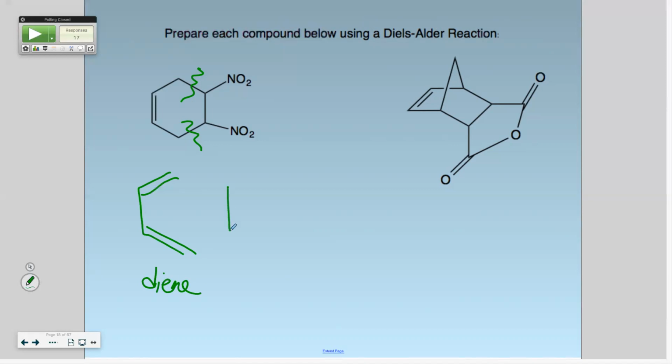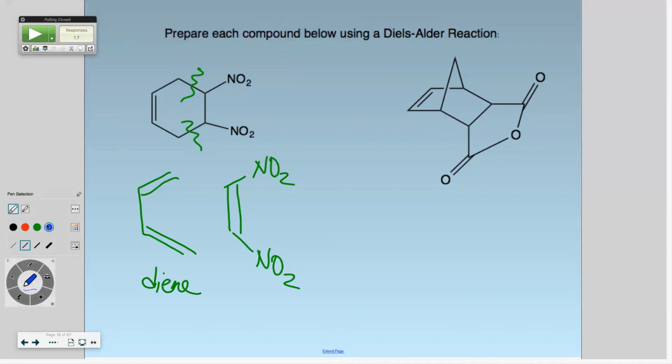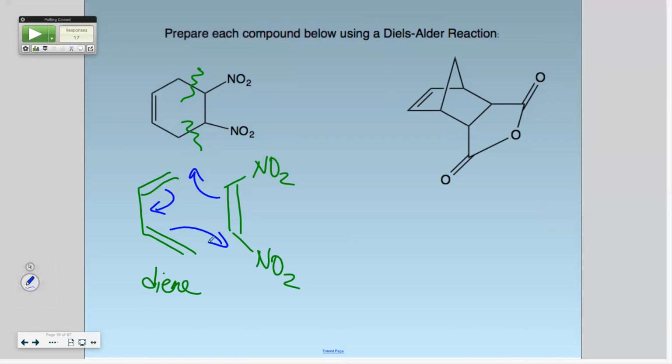A double bond, with NO2s on each side. Okay. So notice that your mechanism is like this. Practice it 50 times. Okay?